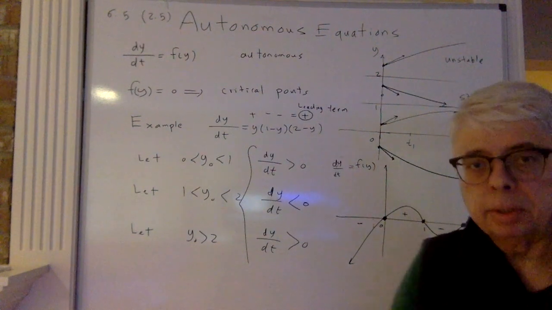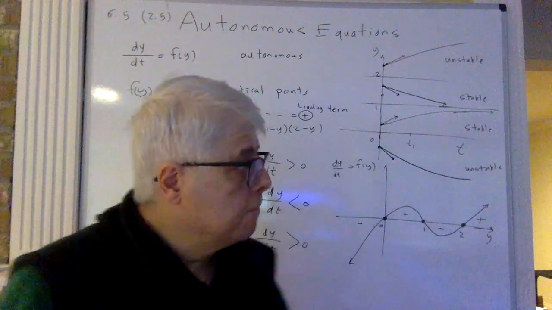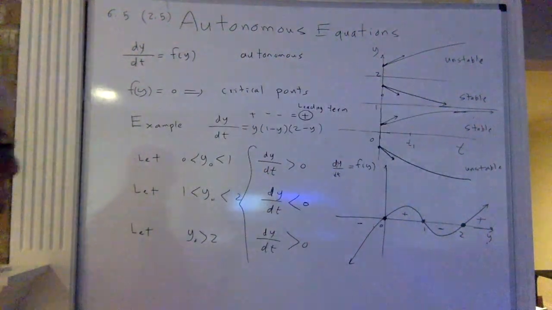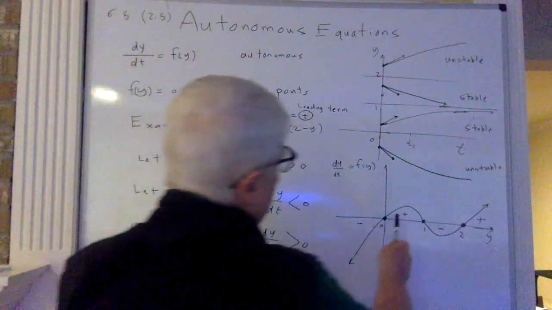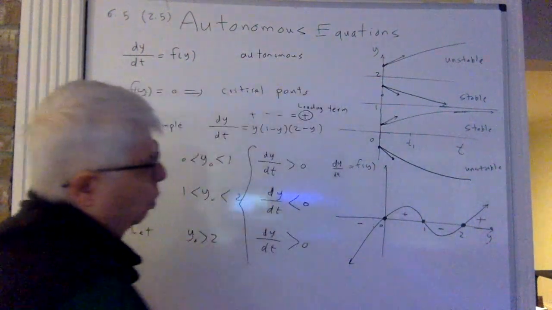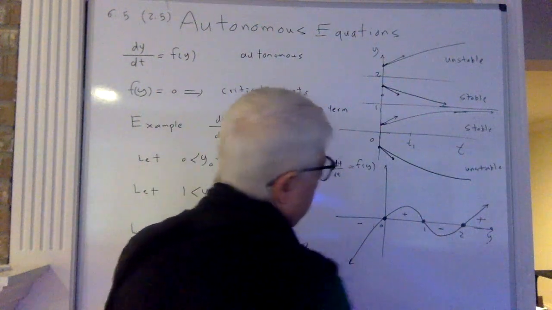Okay, so let me just ask you, what can you deduce here? Well, here it is positive, here it's negative. So what can you say about these critical points?